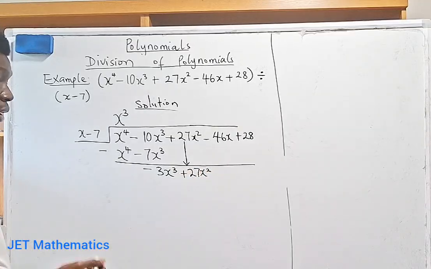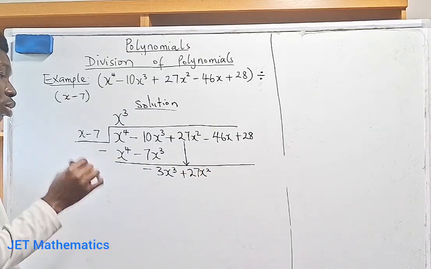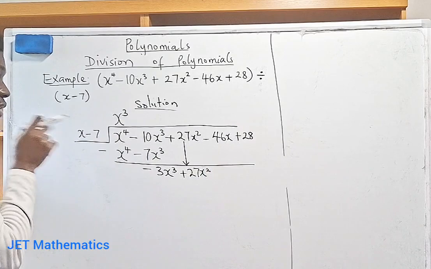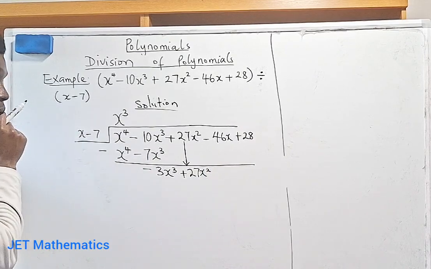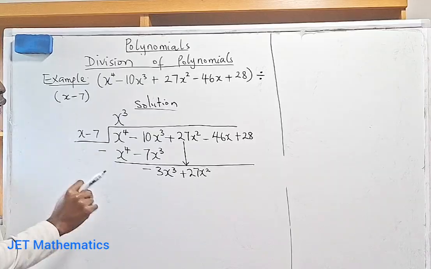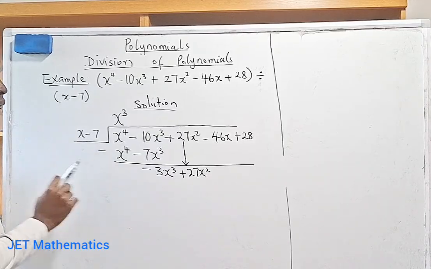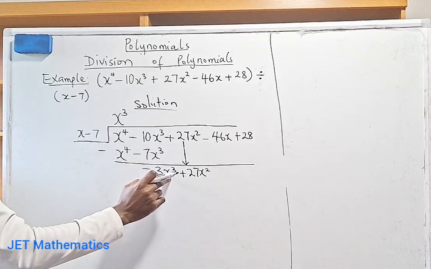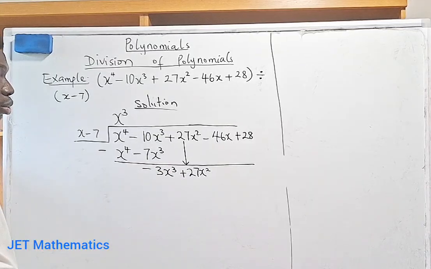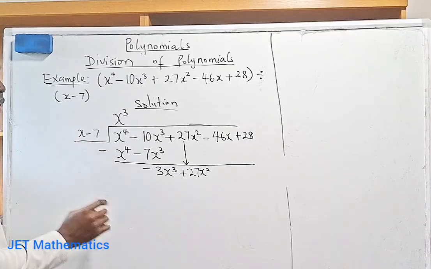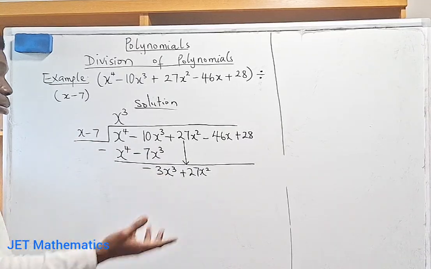Now the next thing we need to do, the same step as we did in the first step: what can we use to multiply x to get minus 3x cubed?